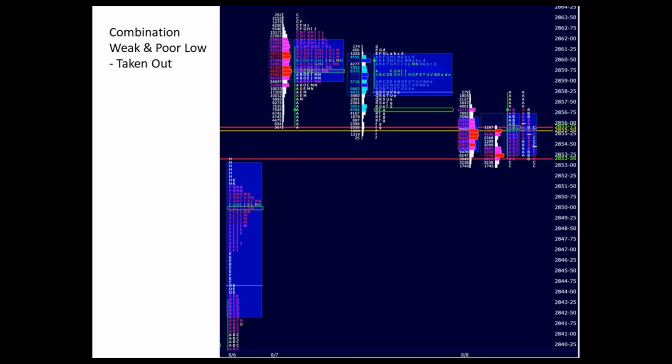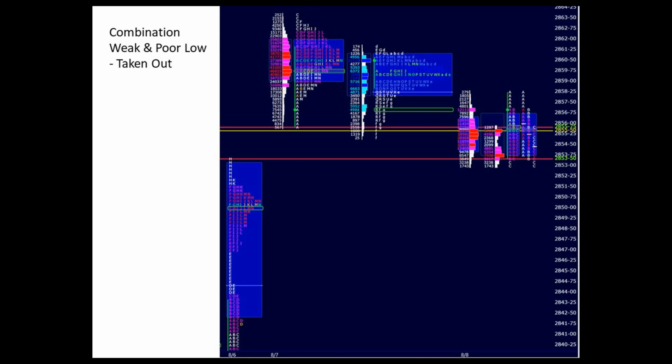You got a little bit of rally, and then B period came down and traded one tick below A period. You still have a weak low in that case. The chances of seeing upside continuation without cleaning up that combination, it's a weak low and it's also a poor low. And remember, it's a poor low because there are no single prints.